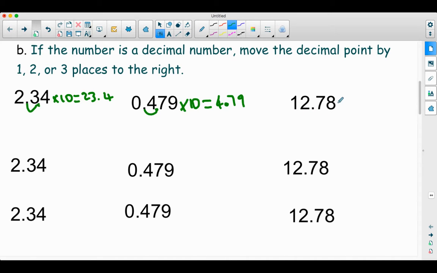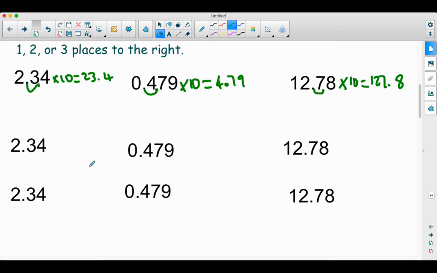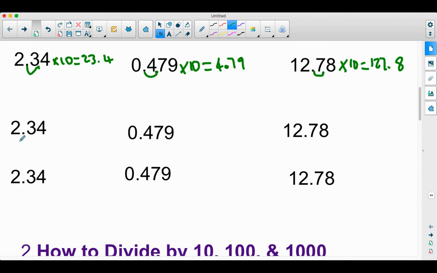12.78 times 10. Move the decimal point 1 to the right. That would be 127.8. So to multiply a decimal number by 100, what you do is move the decimal point 2 places to the right.